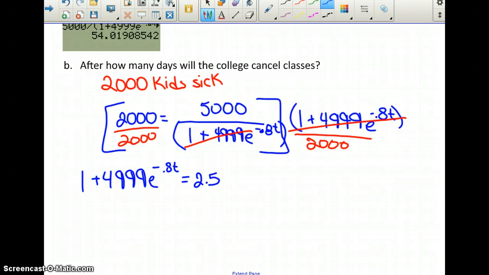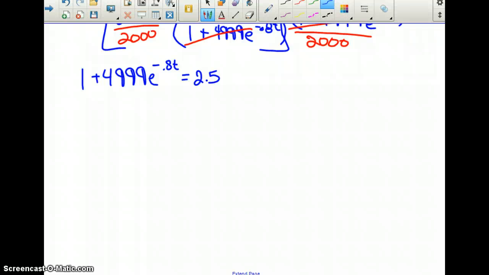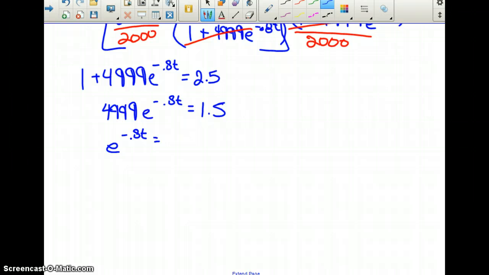Okay? So, now I am going to subtract the 1 from this side. That gives me 4999 e to the negative 0.8 t equals 1.5. Then I'm going to divide both sides by 4999. e to the negative 0.8 t equals 1.5 over 4999.